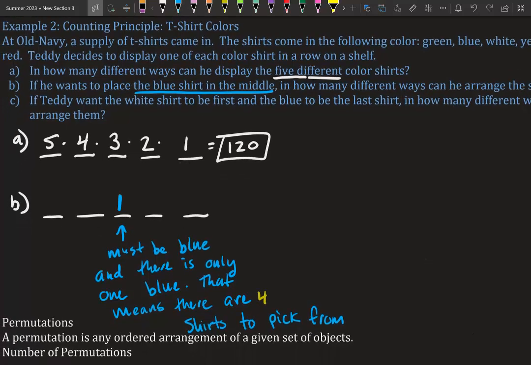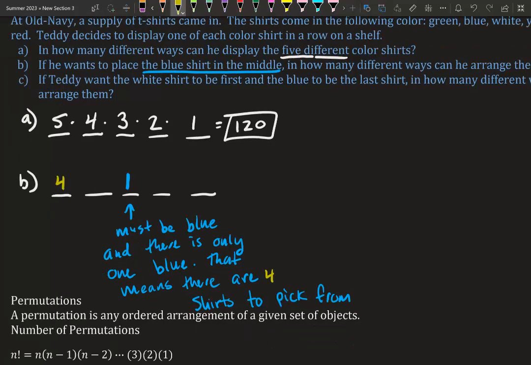So, the one in the middle, that's the blue one because Teddy says he wants that blue shirt in the middle. So it must be blue and there is only 1 blue shirt. That means we have 4 shirts to pick from.